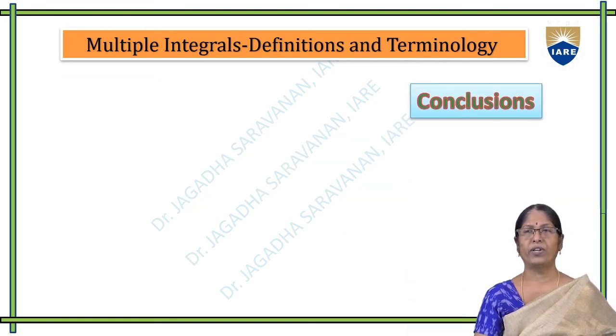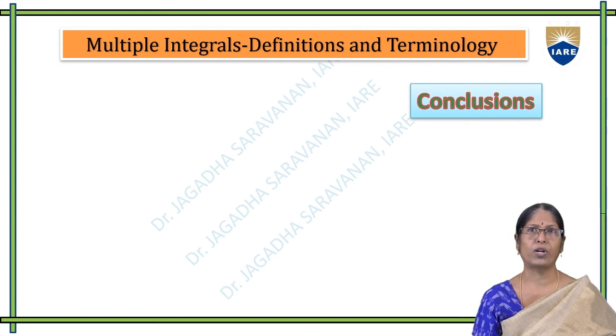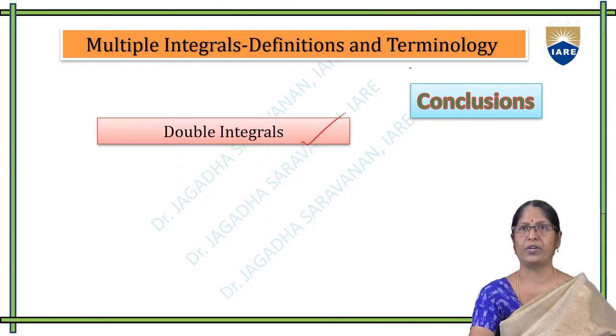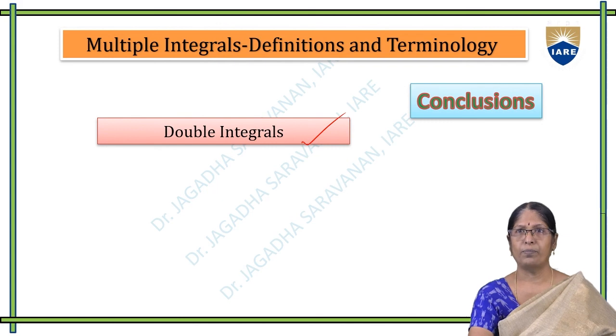So now we will come to a conclusion of our topic, multiple integrals, definitions and terminology. First, we took double integrals, obtained from the definite integral as an extension to two variables.